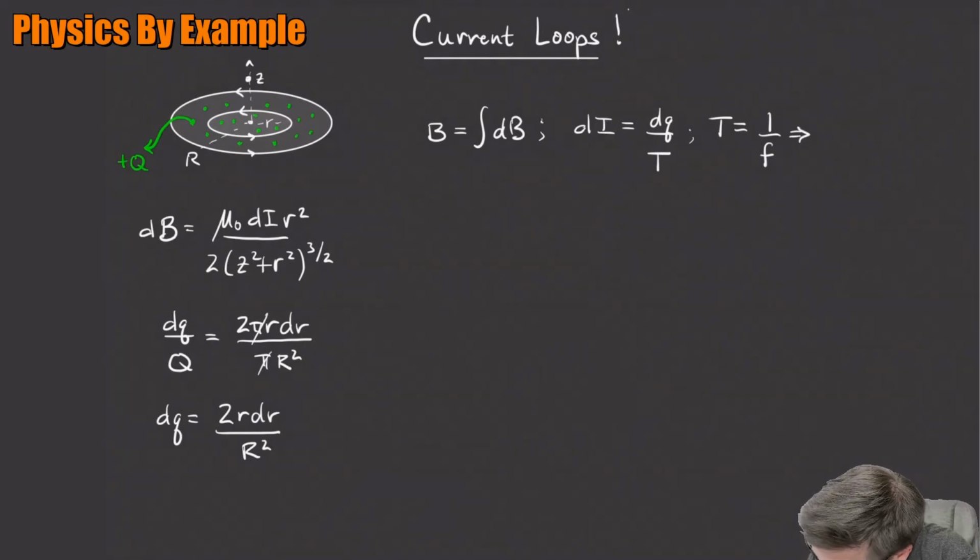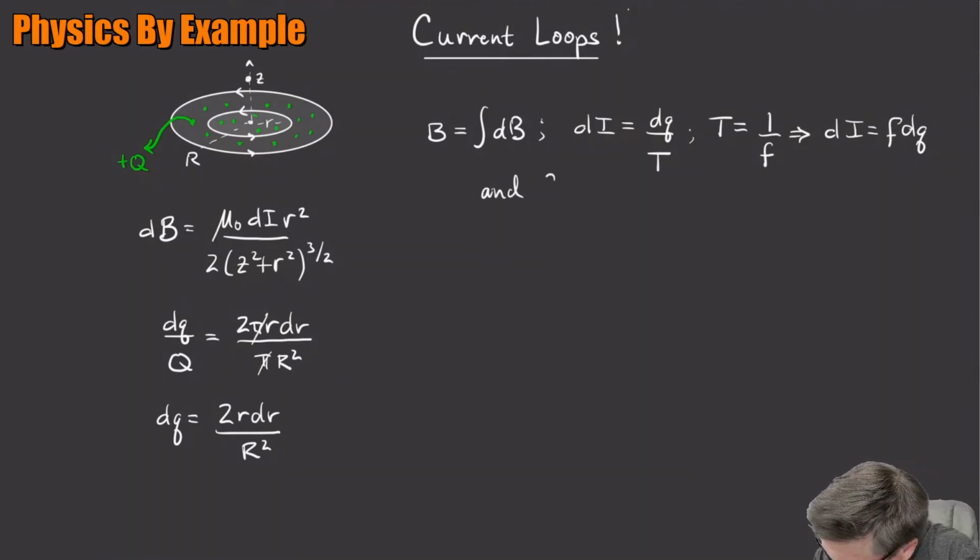So that means that di, which way do I want to write it? Di is equal to n times dq. Well, really, let's say this: the frequency times dq.